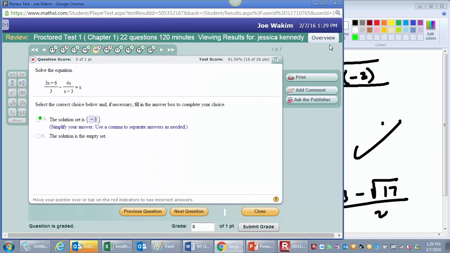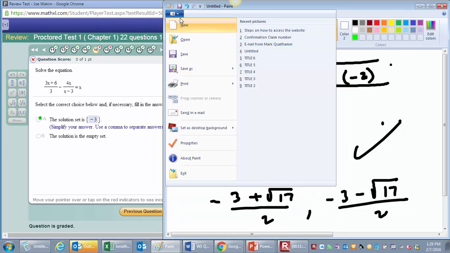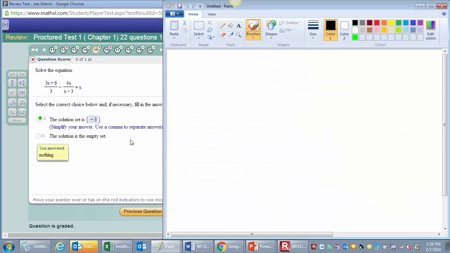Let's try number 15. On number 15, we have to solve, so we multiply everything by the lowest common denominator, which is 3 times x minus 3. So let's multiply the first term, the second term, and the third term by 3 times x minus 3.